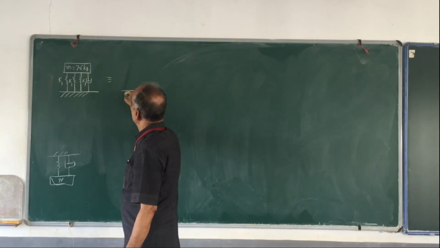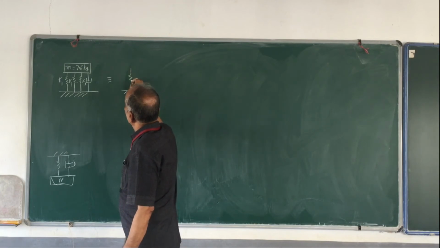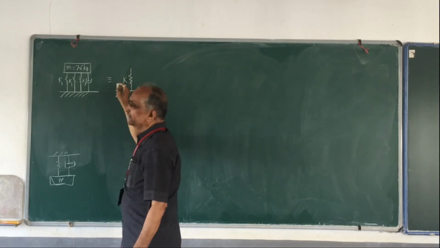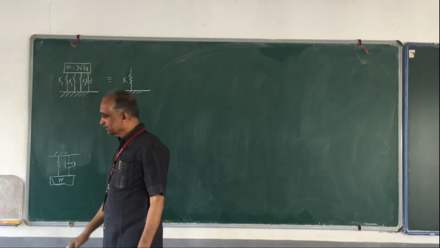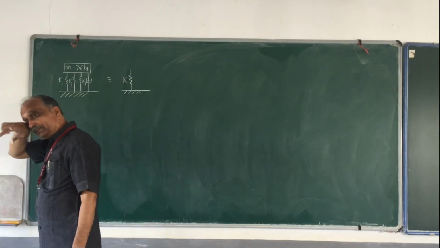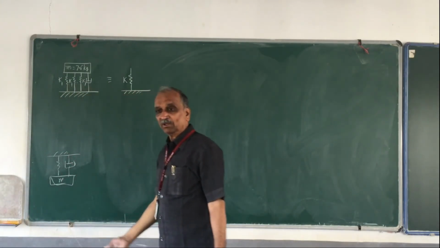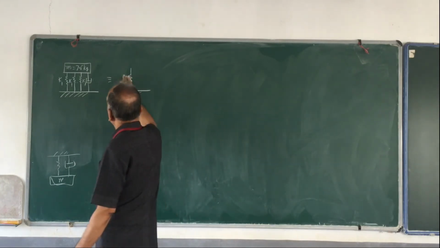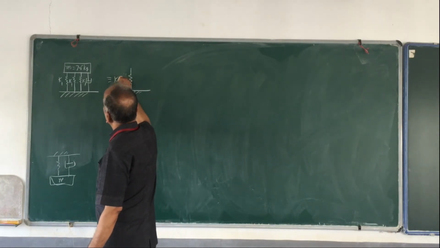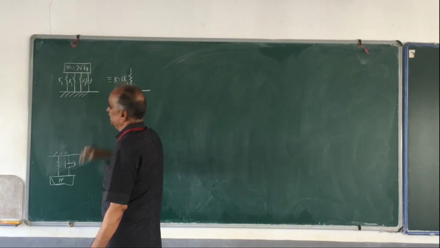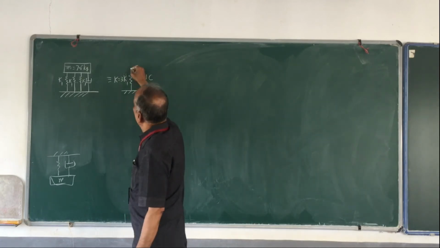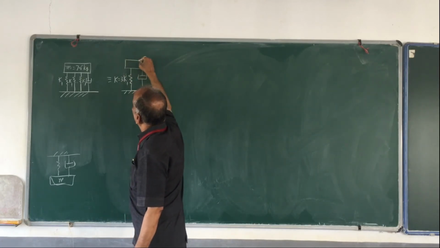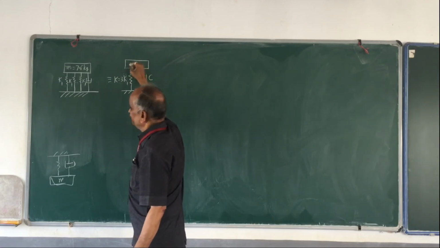I shall have only one spring, and let me call it K. K is equivalent to this. All 3 are parallel. In case of parallel, the stiffness is equal to the sum of the 3, so K is equal to 3 times K1. Then you have a dashpot whose coefficient of damping is C, which we don't know, we shall find it out.